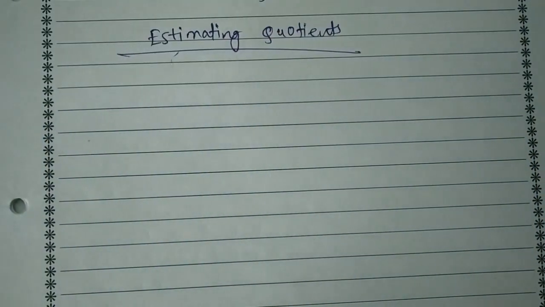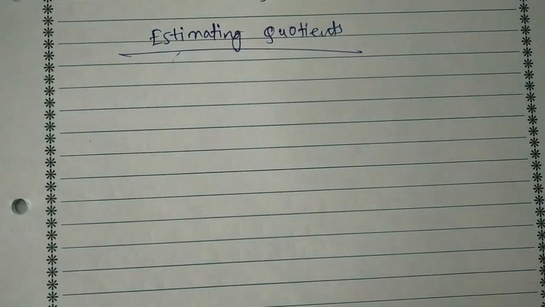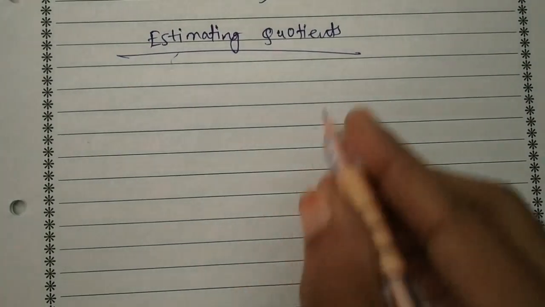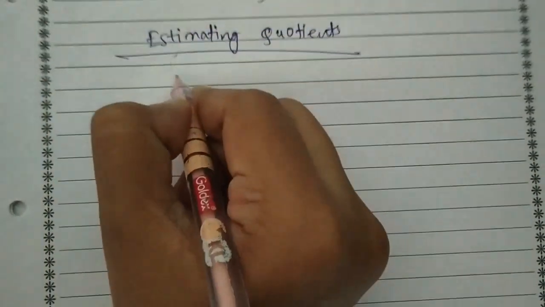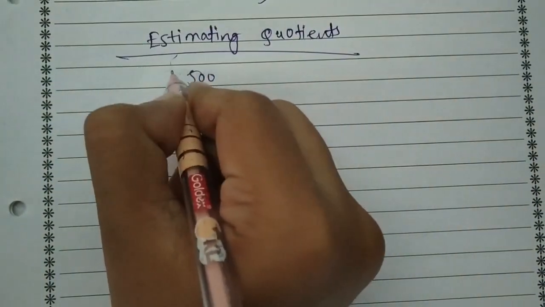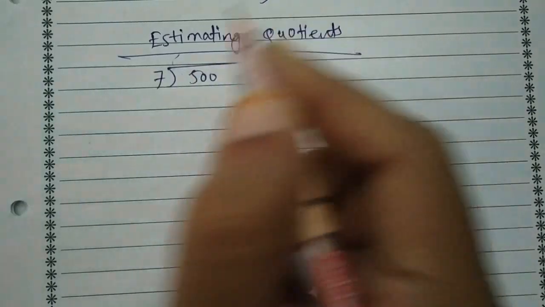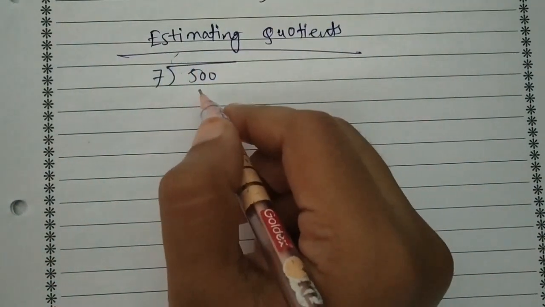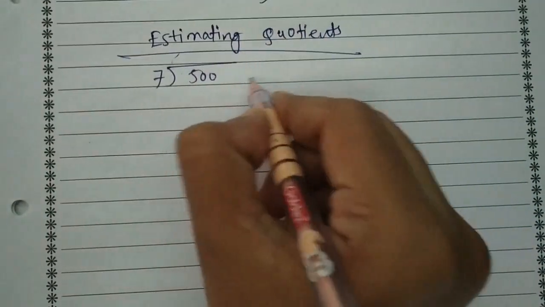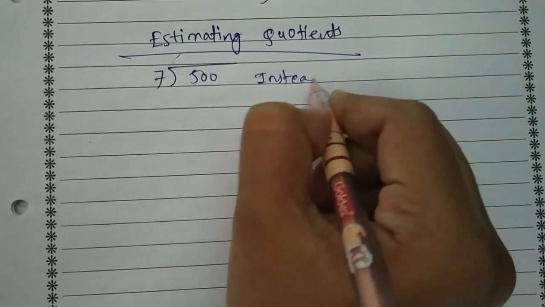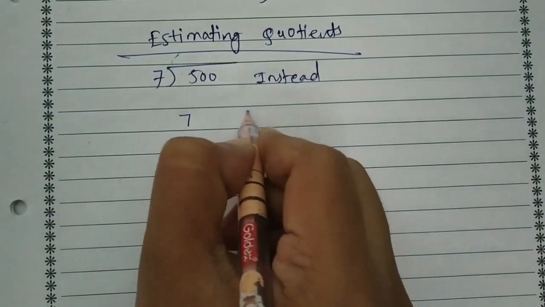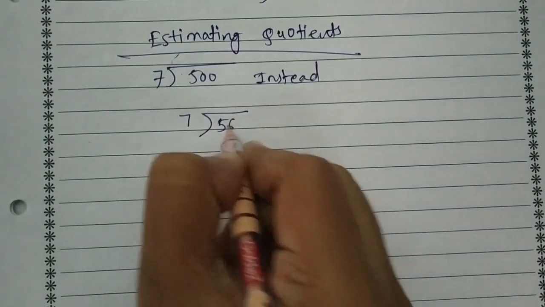So we know, children, it is easier to estimate the quotient by just using compatible numbers that you can divide easily. For example, if you want to divide 500 by 7, it will give an answer in decimals. Instead, you can use 7 as a divisor and divide 560.